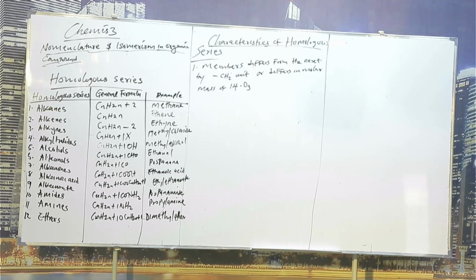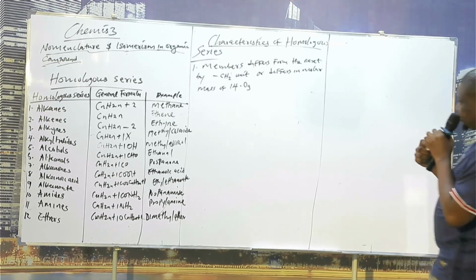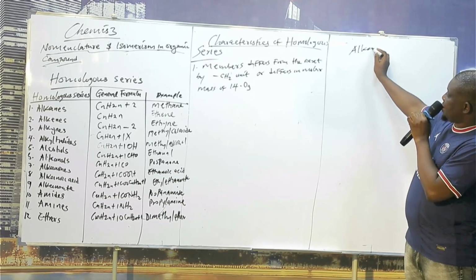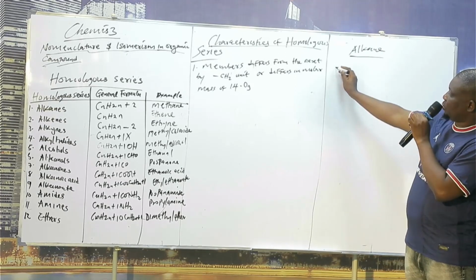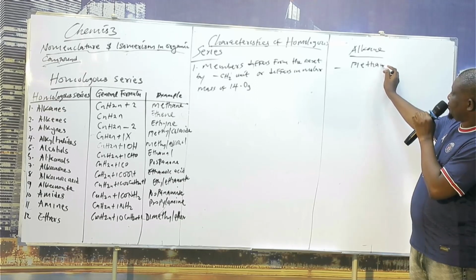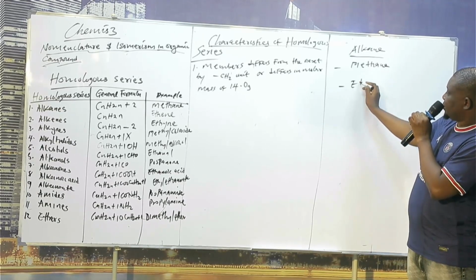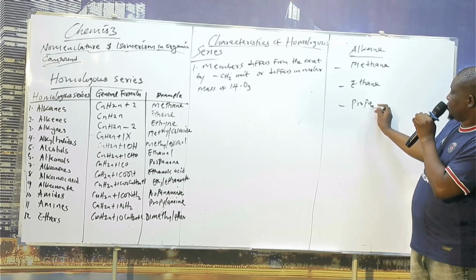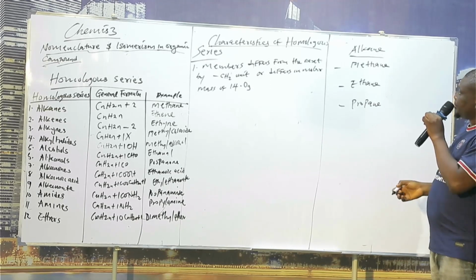When I say members differ from the next, let's look at alkane as a typical example. The members there are methane and ethane, and let me add the third member, which is propane.